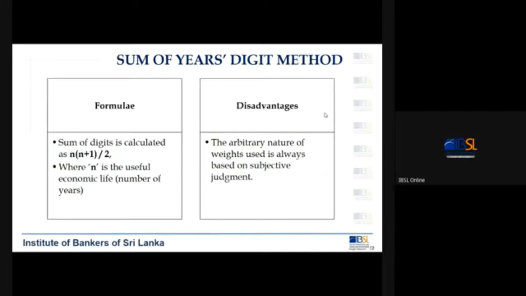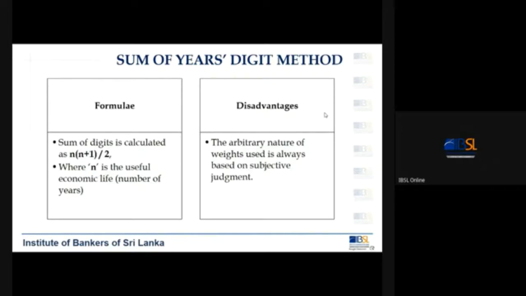The sum of year digits method is very straightforward. I will show you when we do the calculation, where we will use a mathematical formula. That is what you see here: n divided by 2 into n plus 1. I think you might recall this formula where you have learned maybe when you were doing O levels or maybe A levels, you might have used this formula, right?